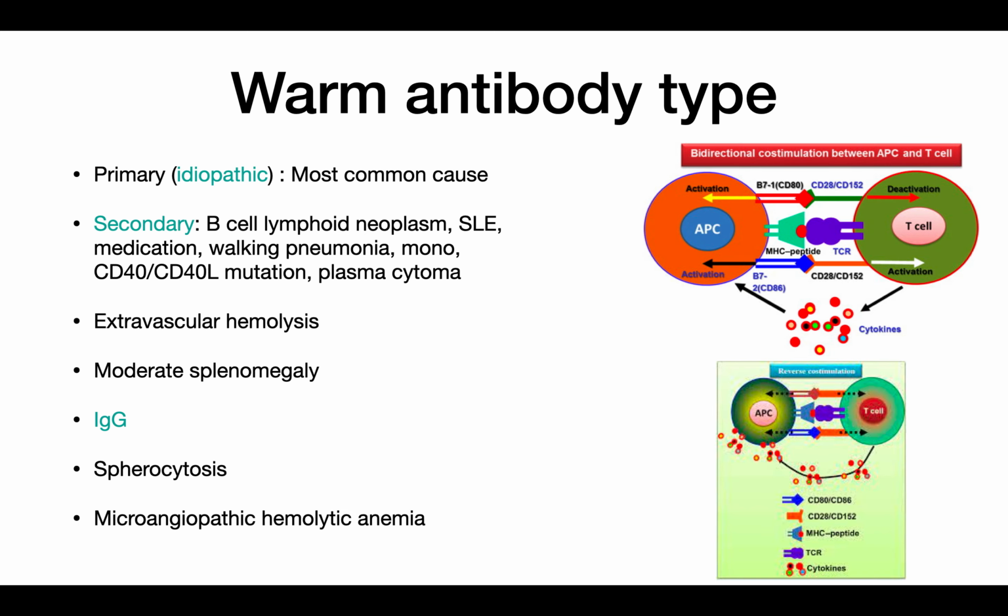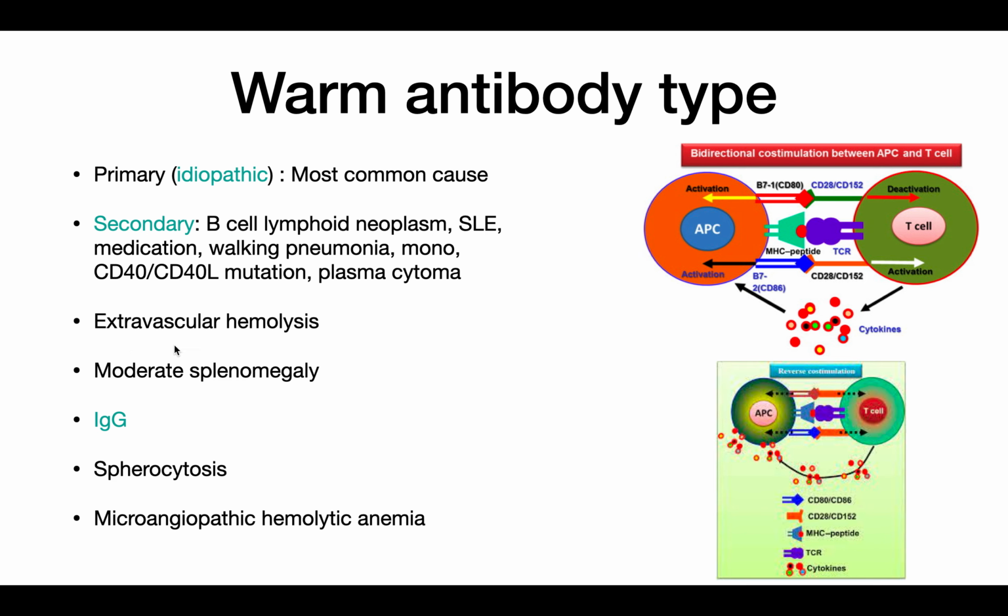The warm antibody type of hemolysis can be primary, which is going to be idiopathic, or secondary, and that's caused by B-cell lymphoid neoplasm, systemic lupus erythematosus, medication, walking pneumonia, mononucleosis infection, mutation in CD40 ligand, or plasmacytoma.